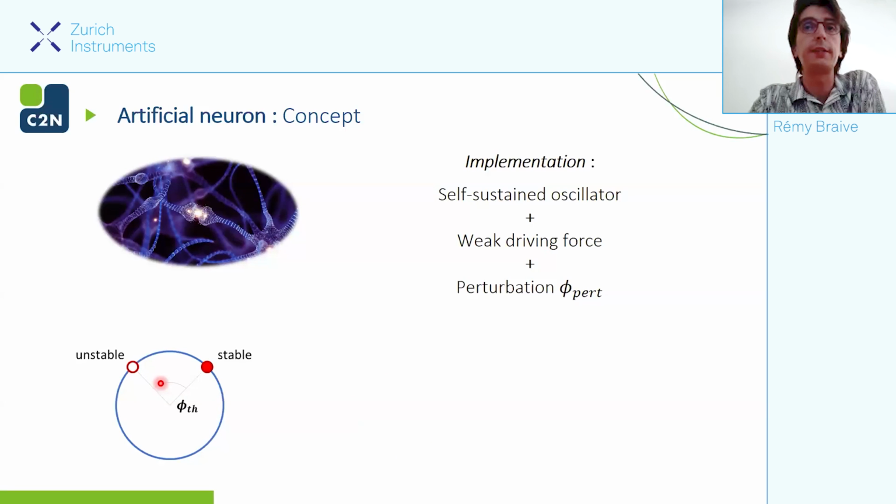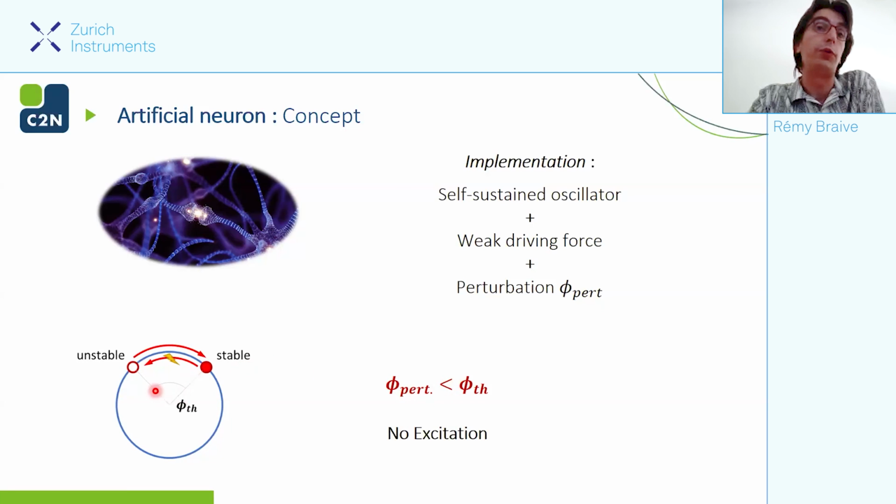So the idea is to add a perturbation, phi Hertz, that should be either smaller or bigger than this phase difference between the stable and the unstable point. So if the perturbation is smaller than the difference between the two states, even if the perturbation is happening, the system is directly coming back to its stable point.